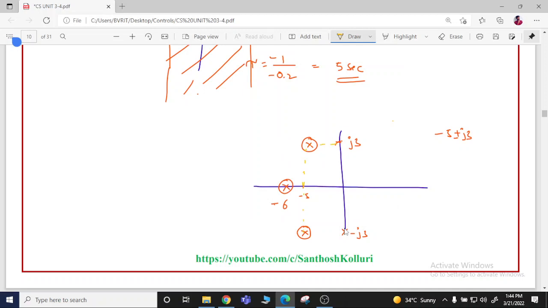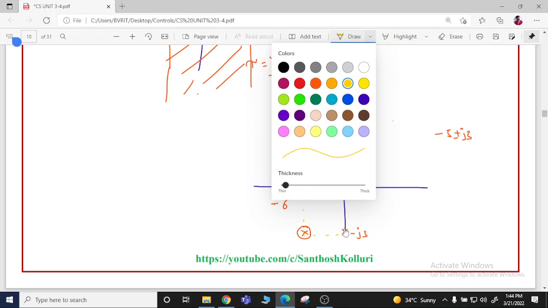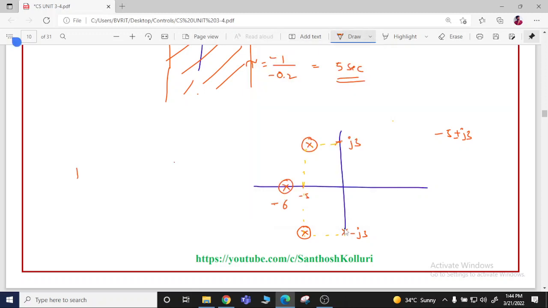One pole is located here, another pole is located here, and another here, so there are 3 poles. In this case the time constant will be minus of minus 1 by 5, which means 0.2 second. Here minus 5 is the dominant pole region, so you have to take the dominant pole region as the time constant. Tau is equal to minus 1 by minus 5, which is nothing but 0.2 seconds.